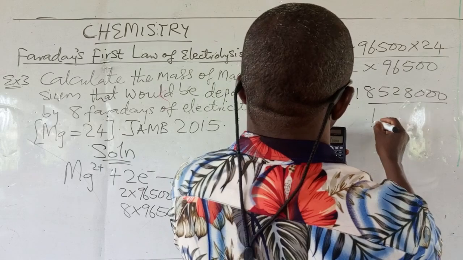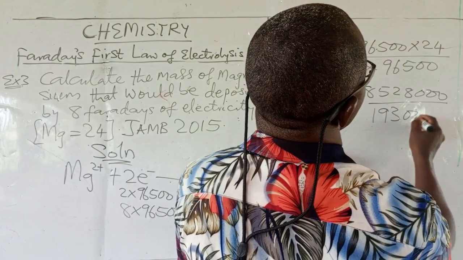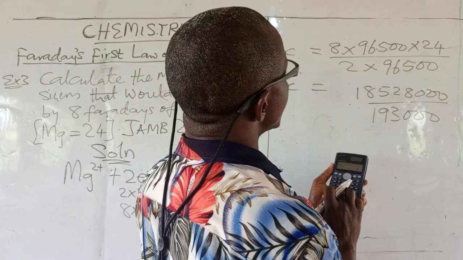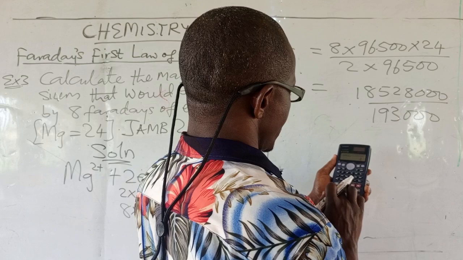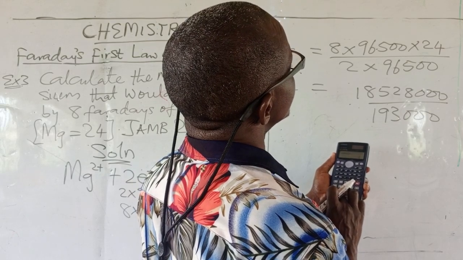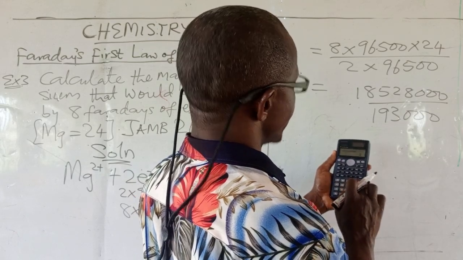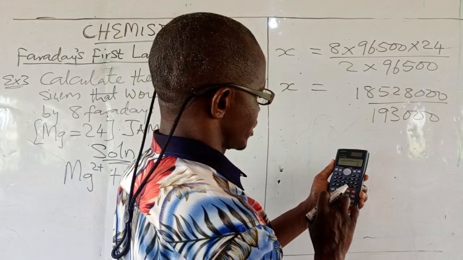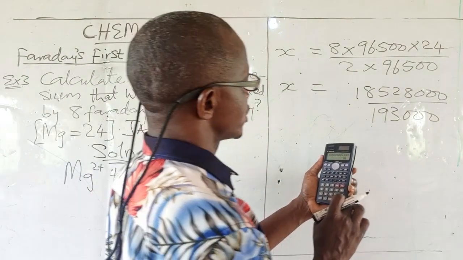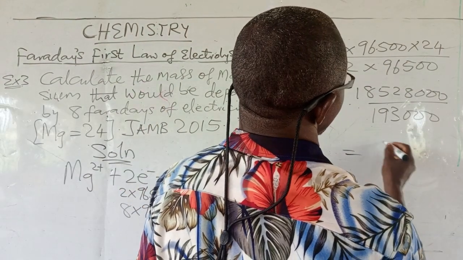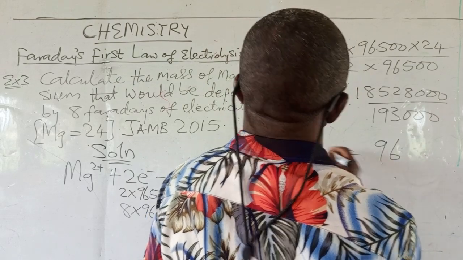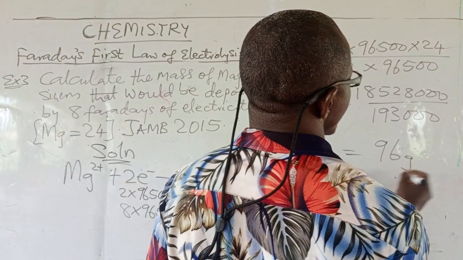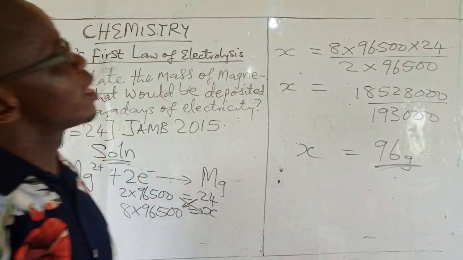That gives me 193000. So if I divide this by this, 1852800 divided by 19300, that gives me 96. I hope I am calculating it right. So the unit is gram. So that's the answer to that question.